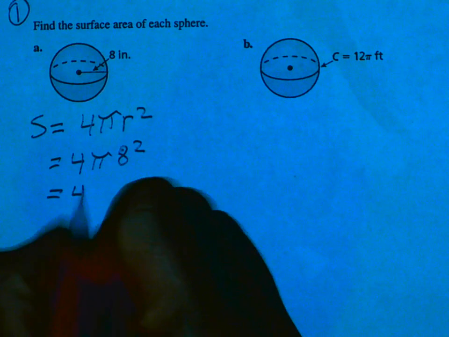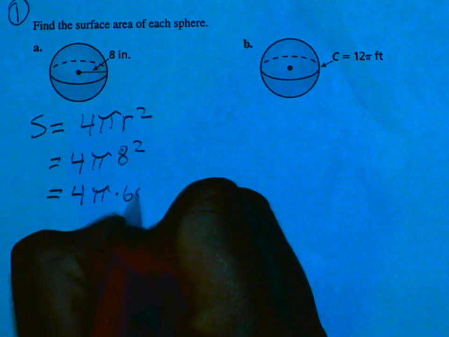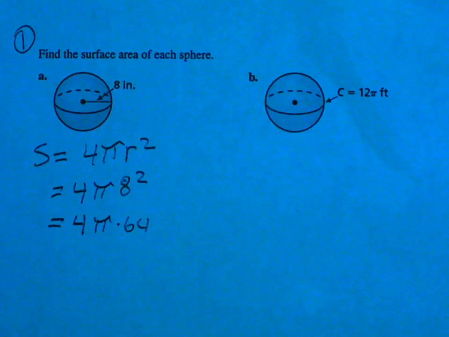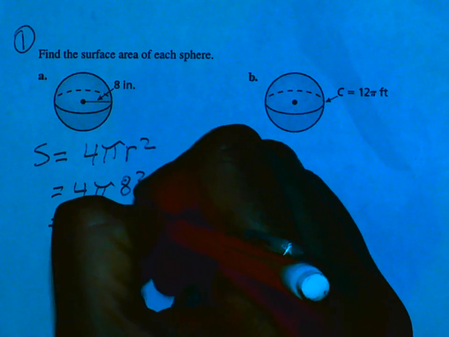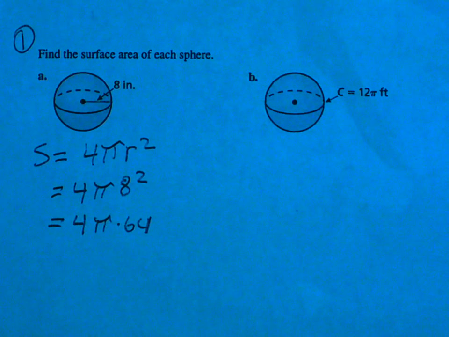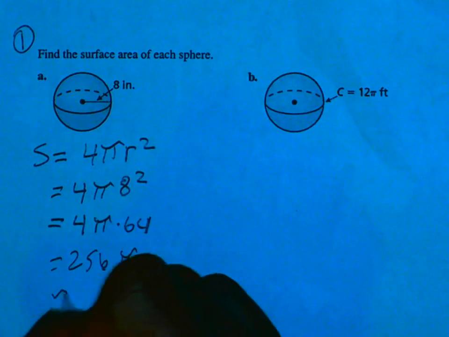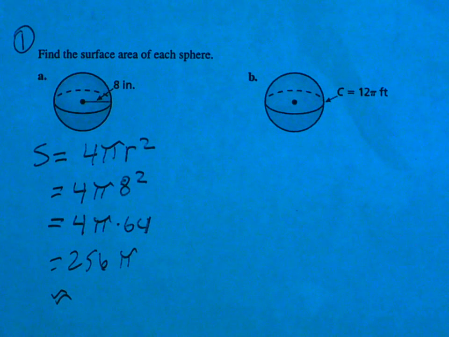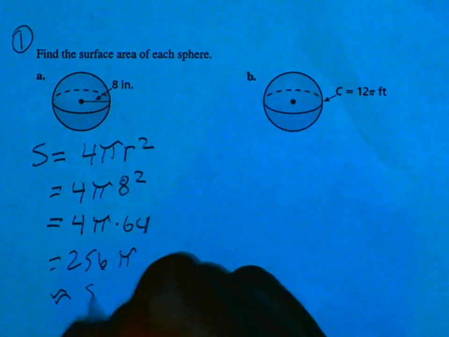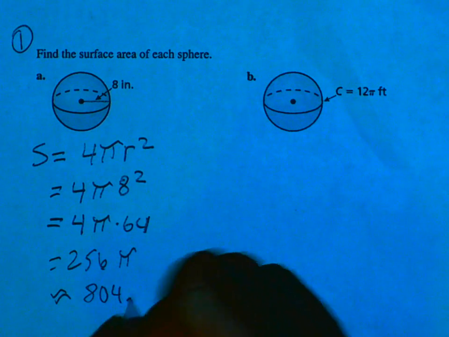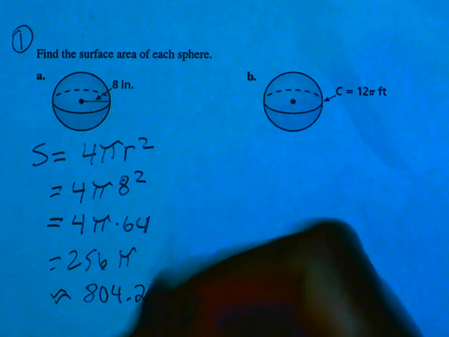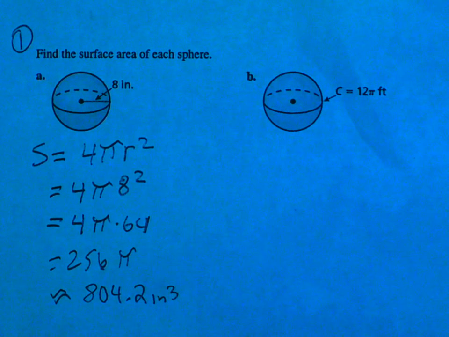So that's going to give me 4 pi times 64, and 64 times 4 is 256 pi. And that comes out to be approximately 804.2 inches squared.